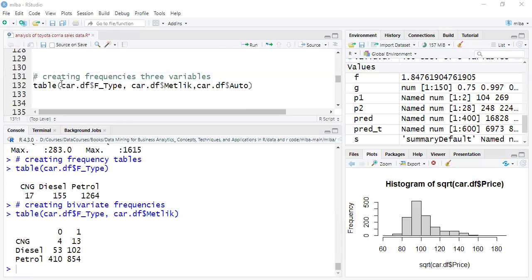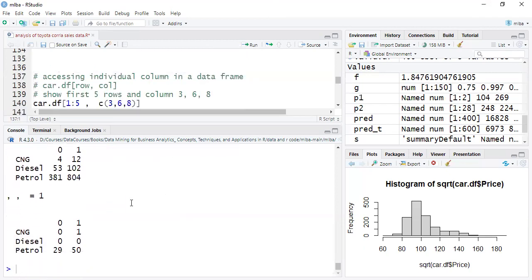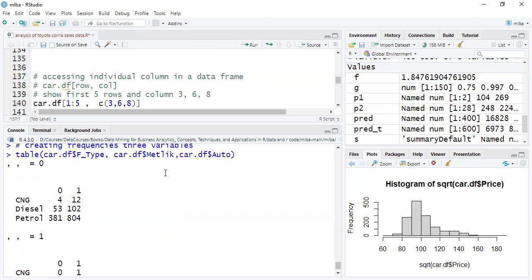The next command is again the table command. I will have three variables: fuel type, metallic color, and automatic car. All three factor variables I am using in one table command. So you can see what the output is. Two tables are generated.